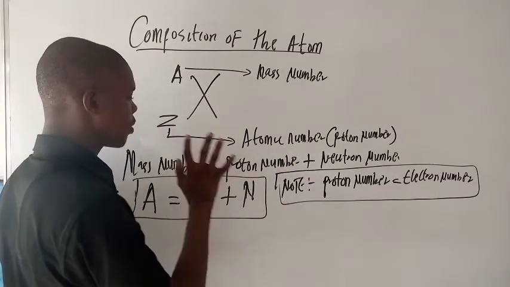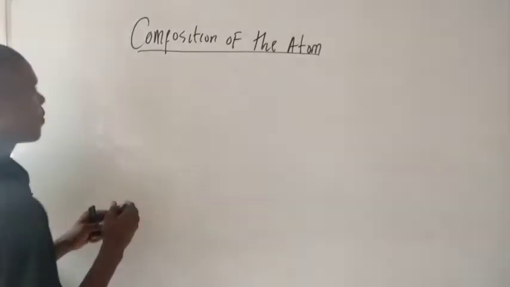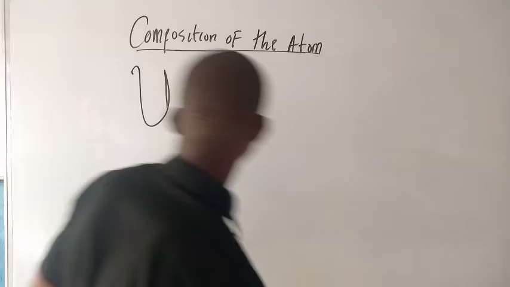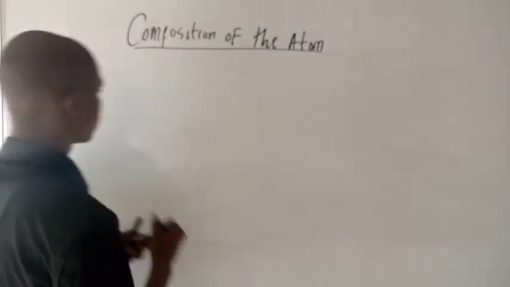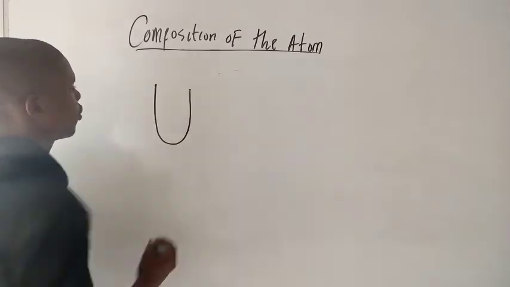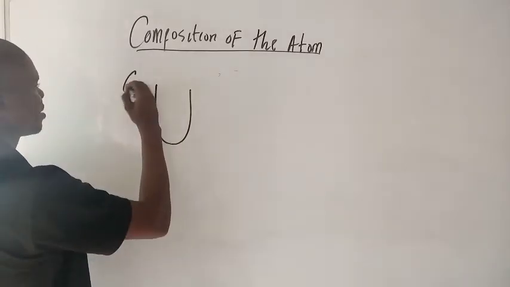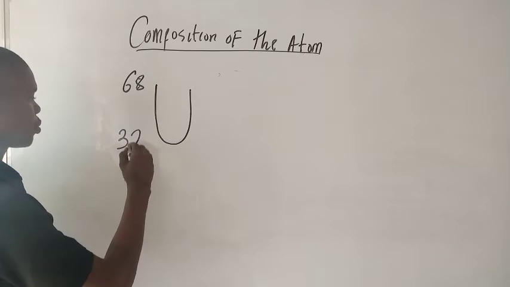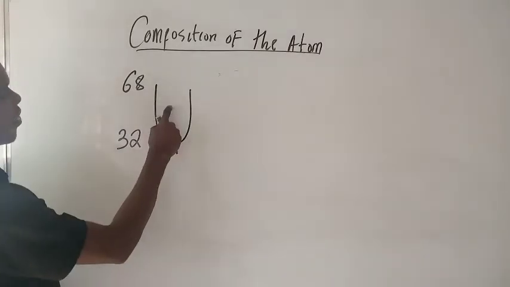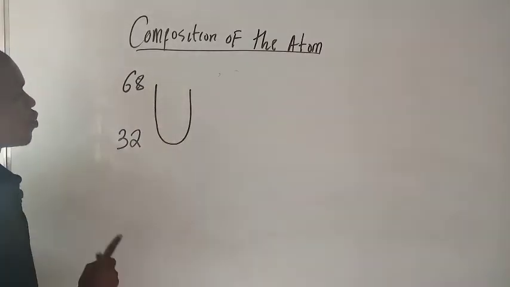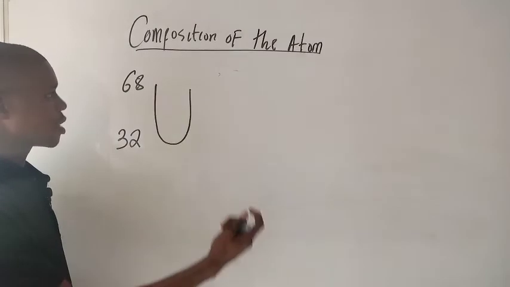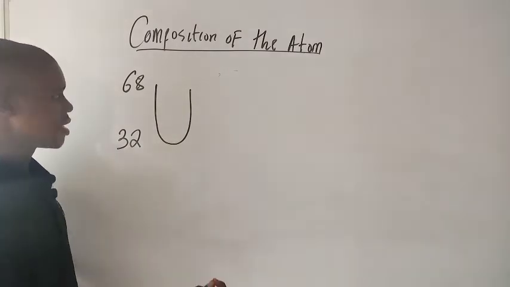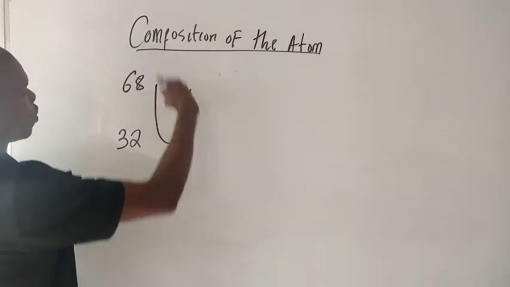Let me give you an example. If, for example, you have U as an element, with 68 here and 32 here. If you have an element like this, what is the mass number? What is the proton number? What is the atomic number? What is the electron number? And the rest. Remember, this here is the mass number.